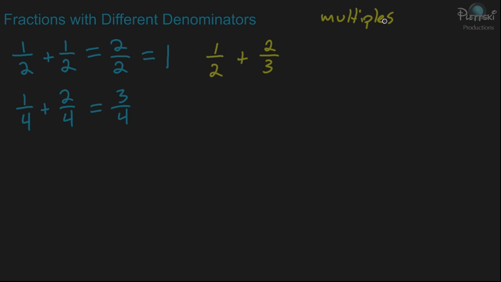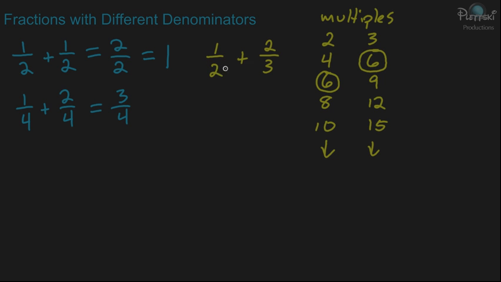The multiples of 2 would be 2, 4, 6, 8, 10, and you could keep going. Or the multiples of 3 could be 3, 6, 9, 12, 15, and you can keep going there as well. And then when we look at the multiples, we notice that the smallest one that they have in common is a 6. Both 2 and 3 go into 6.